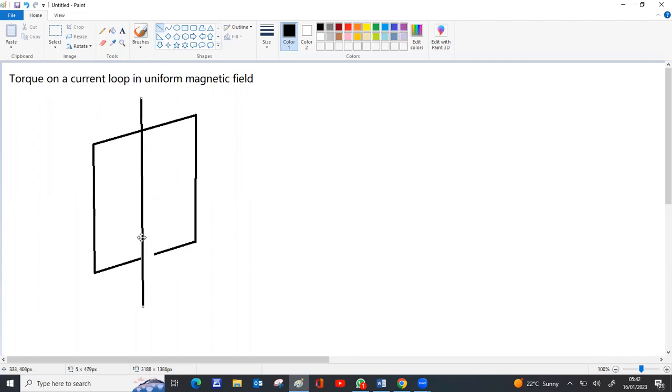This line is the axis of the loop. Part through which current can enter. Moves out of the loop to the other end.